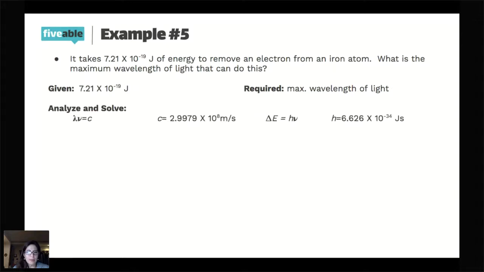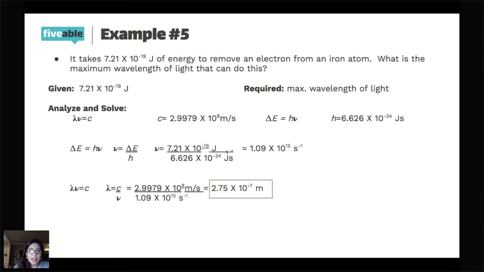We can use this one first to solve for frequency, using the energy given divided by Planck's constant to get the frequency. And then we're going to use the formula of wavelength equals the speed of light divided by frequency to get the wavelength, and that's our answer. Any questions on how to solve this problem?